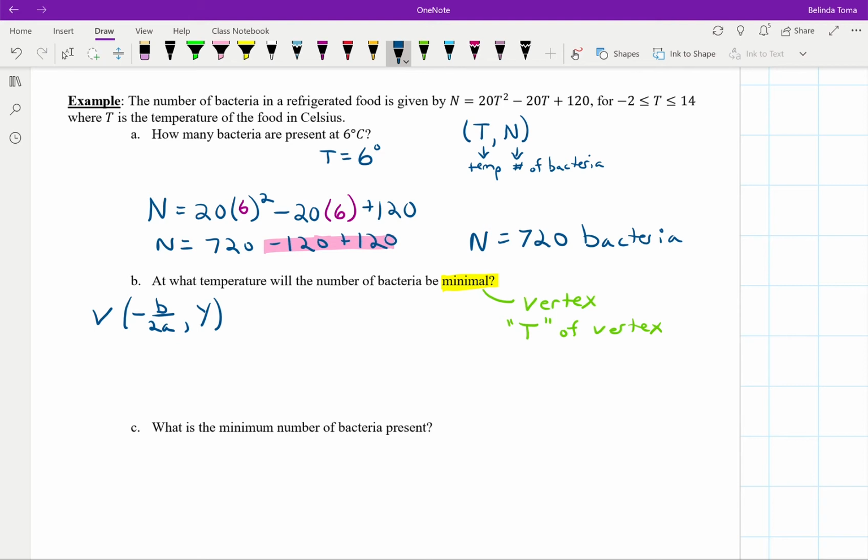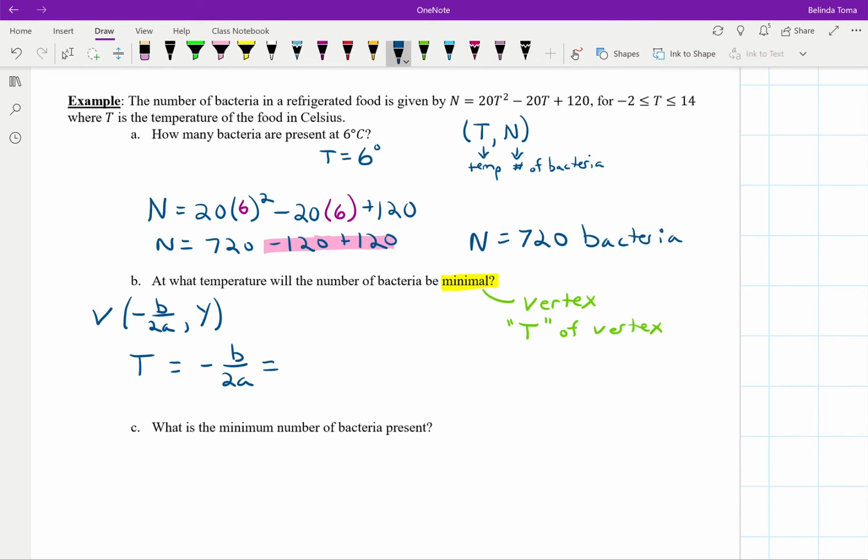So that means that, given our different variables here, we can go ahead and find the temperature by saying that it's going to be equal to the opposite of B over 2A, because again, that's the X of the vertex.